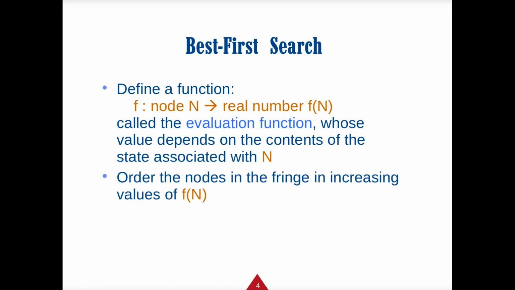Then we order the nodes in the fringe in increasing values. Remember, with breadth first search we put the new fringes in the back of the queue, and with depth first search we put them in the front of the fringe queue. With best first search, we order the nodes in increasing values. Basically, the best scores we search first.